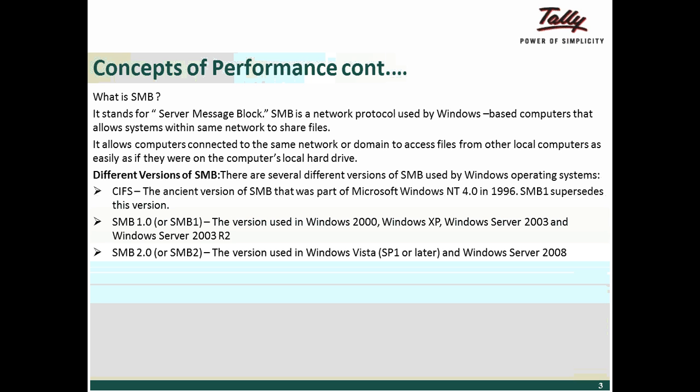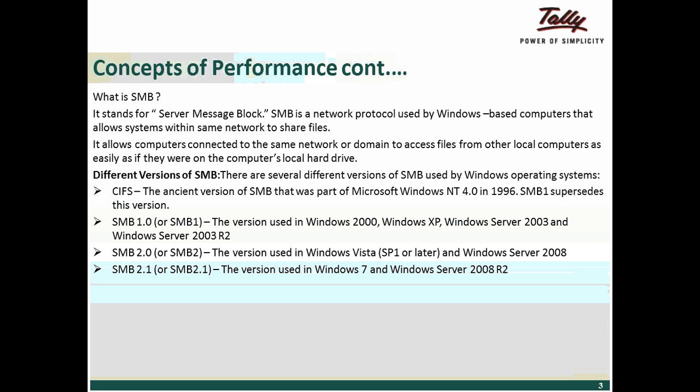Right? So we'll continue. SMB 2.0 or SMB 2, the version used in Windows Vista, that is Service Pack 1 or later, and Windows 7 and Windows Server 2008.